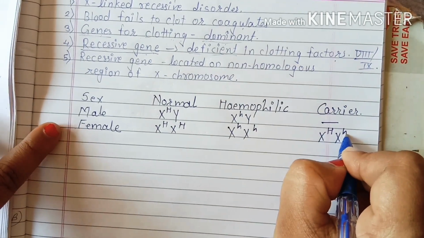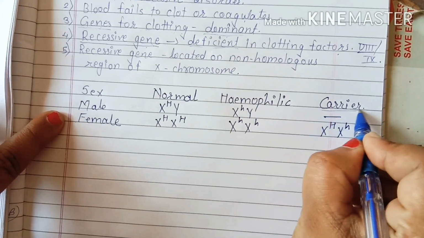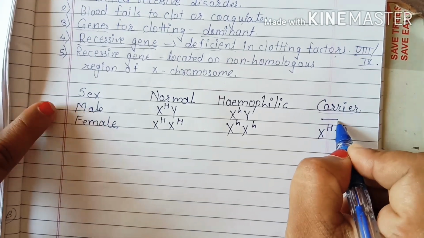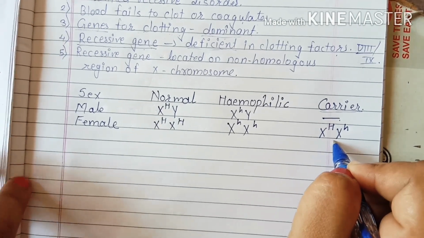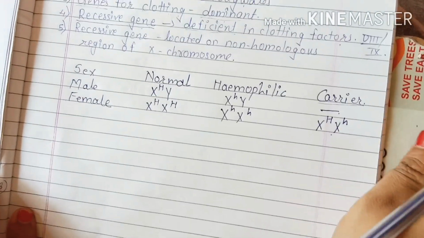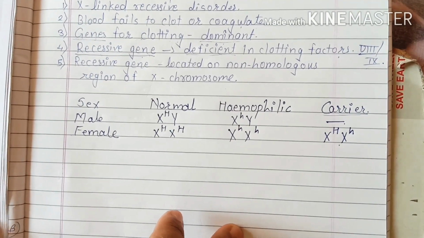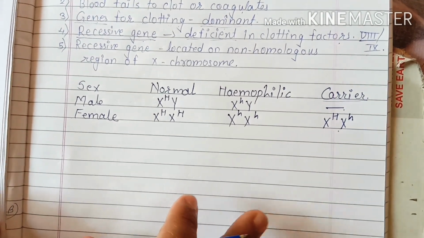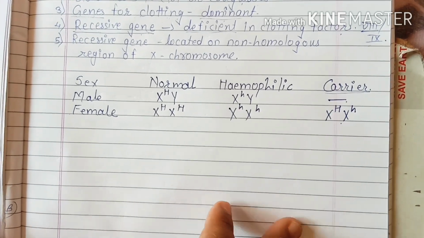As in a male only one X chromosome is present, the carrier condition can never be present in a male. So this is the combination for a carrier female. Now, as we studied crisscross inheritance yesterday in color blindness, here also in hemophilia we can study crisscross inheritance again.